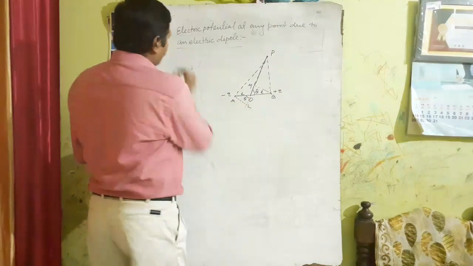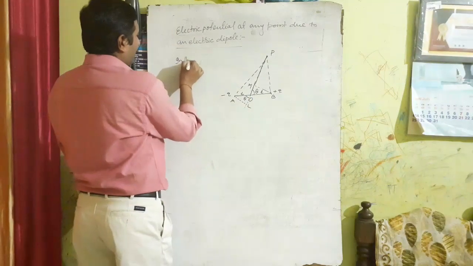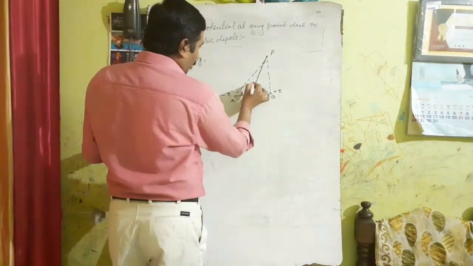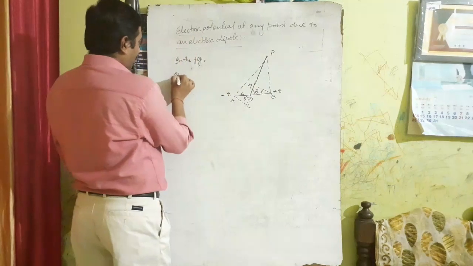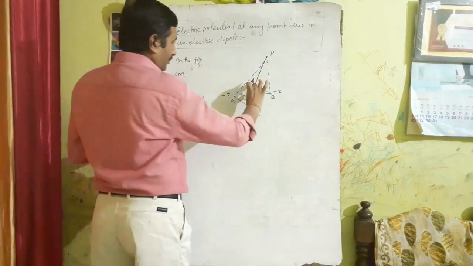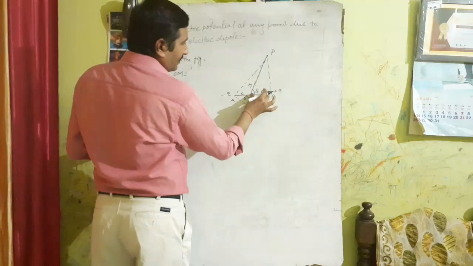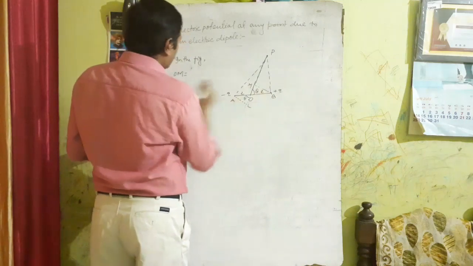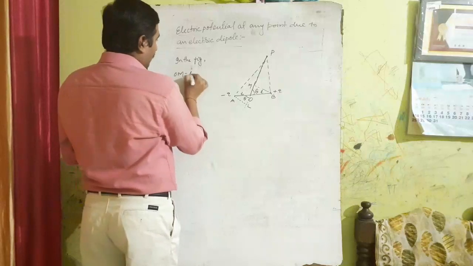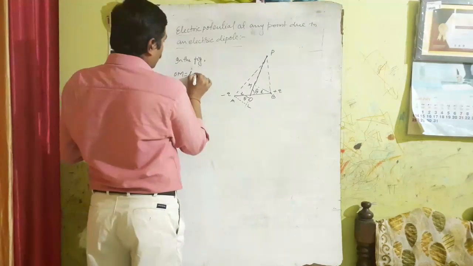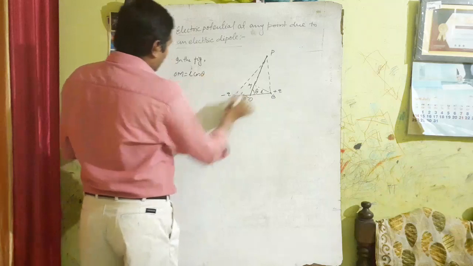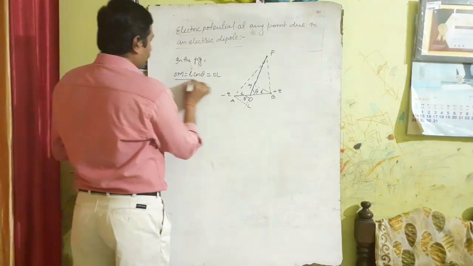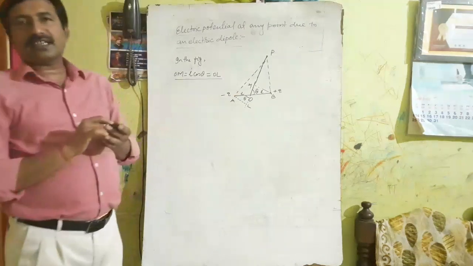So in the figure, this OM is the base and this is the hypotenuse, this is the perpendicular. So OM, base, is equal to hypotenuse into cos theta, means L cos theta. Similarly, OL is equal to L cos theta.